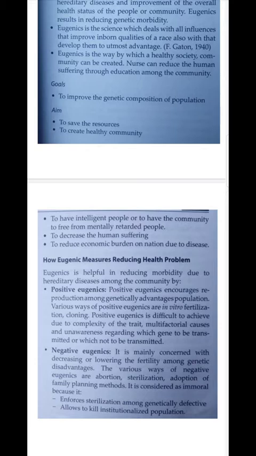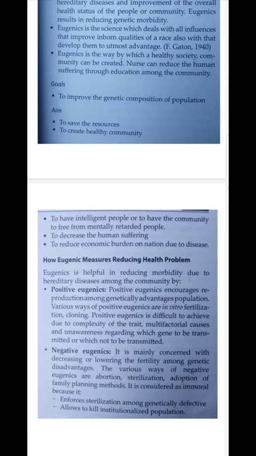You have seen, I guess, in vitro fertilization, cloning, and it is difficult to achieve because of the complexity of the trait, multifactorial causes, and unawareness regarding which gene is to be transferred or not. These are some of the problems they will face in positive eugenics.